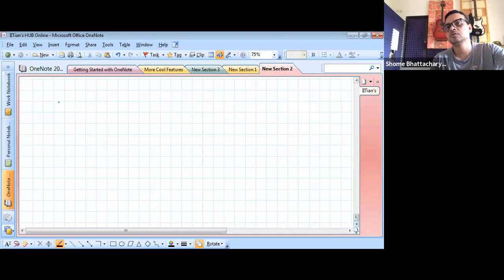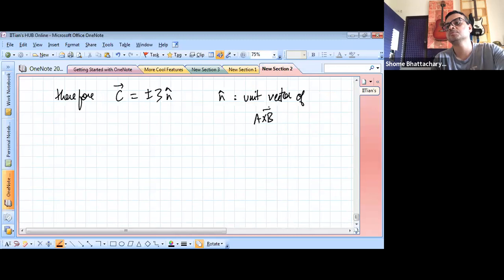Therefore, vector C is equal to plus minus 3 n cap, because it would be going into the plane or coming out, where n cap is the unit vector of A cross B. Or you can say B cross A also, because they're just negative of each other. So C will be like this. Now we basically just have to find n cap.